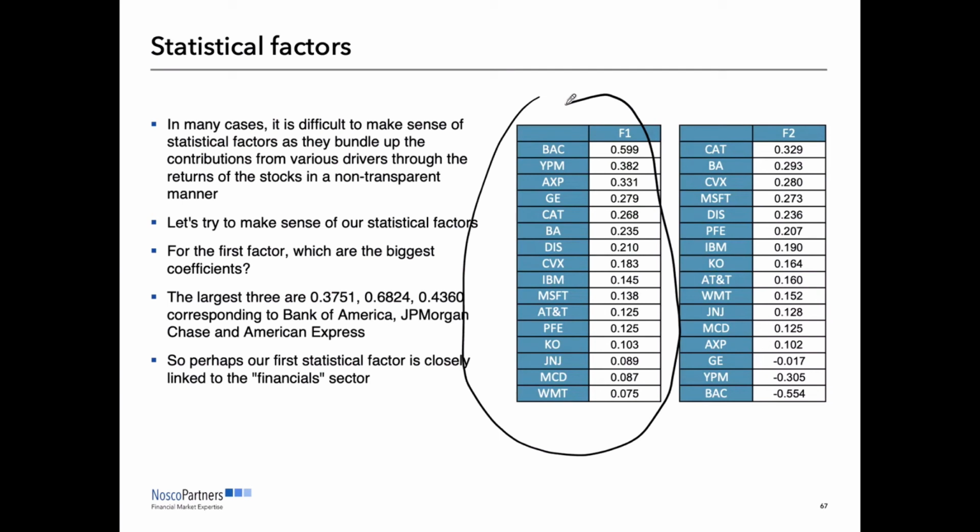The problem when we go this way, and this way I called statistical factors. Another way to call it is principal component analysis. The problem is exactly that these factors don't mean a lot to us. This is not a problem if you just want to get a good hedge.